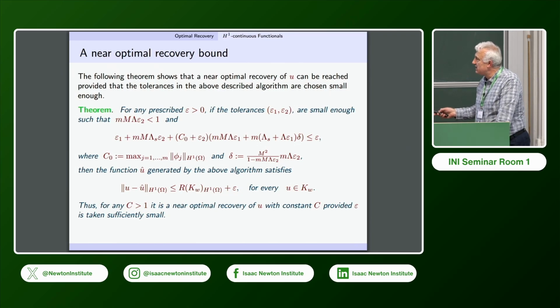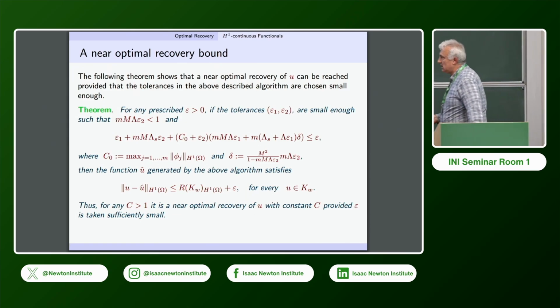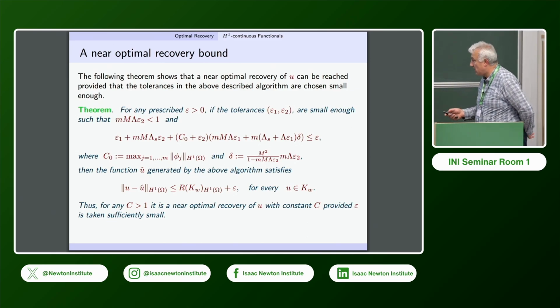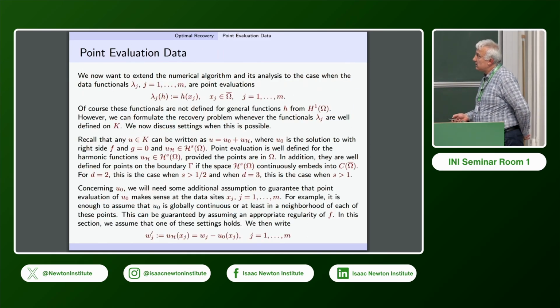This is the accuracy, and we eventually prove this inequality, which means that for any epsilon, we can make it a near optimal recovery for any constant c bigger than 1. We can do the same for point evaluation data.